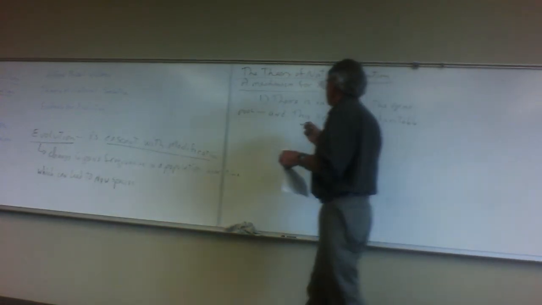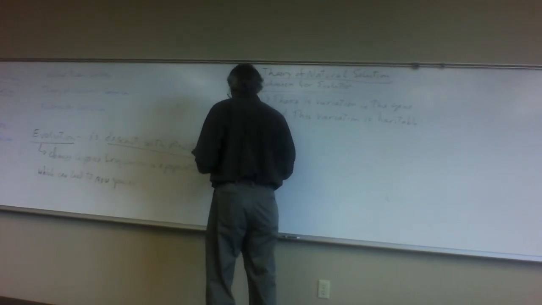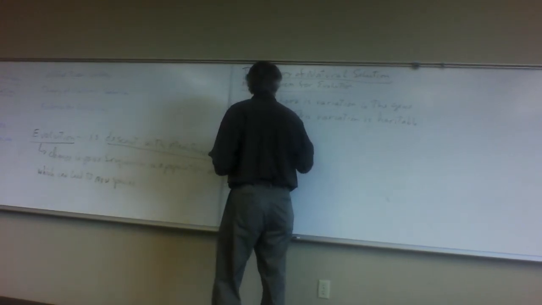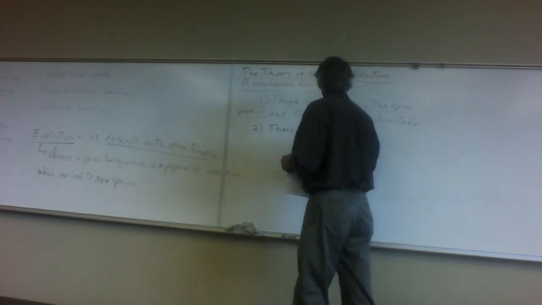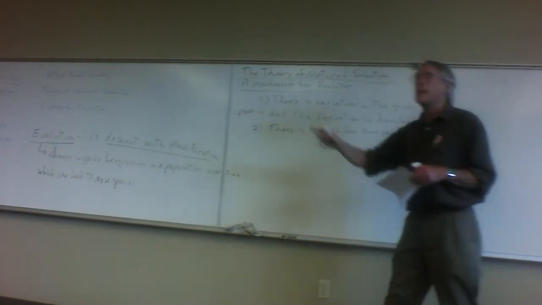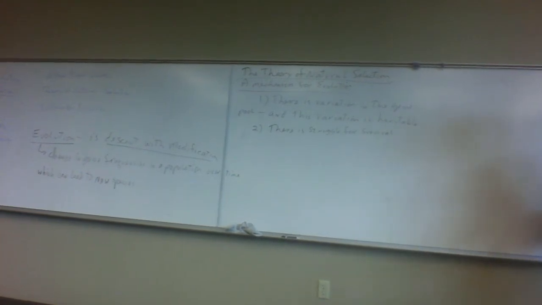Okay. Number 2. There's a struggle for survival. That goes back to Malthus's essay that more organisms are born than can possibly survive, and so not every organism is surviving. In fact, most of them aren't, and so only certain ones will survive.